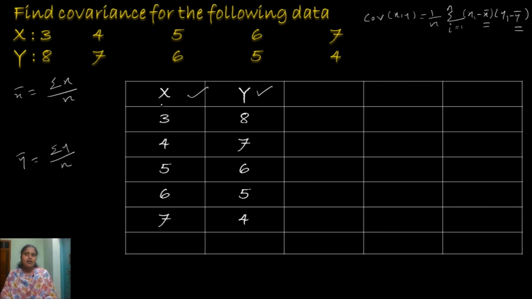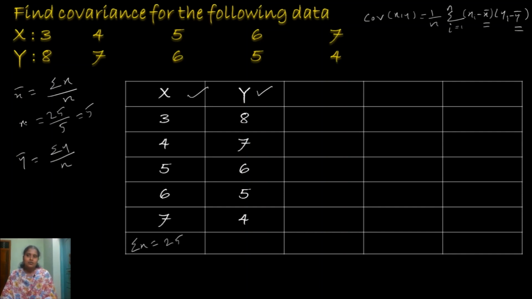If I add all values of x, you get sigma x. 3 plus 4 is 7, plus 5 is 12, plus 6 is 18, plus 7 is 25. So that is equal to 25 over the total number of values of x, 1 2 3 4 5. So x bar is equal to 5.